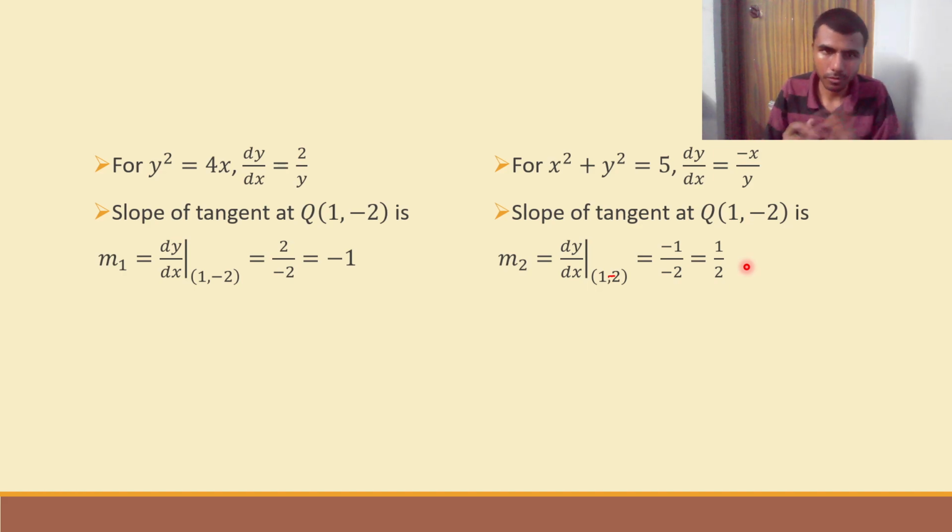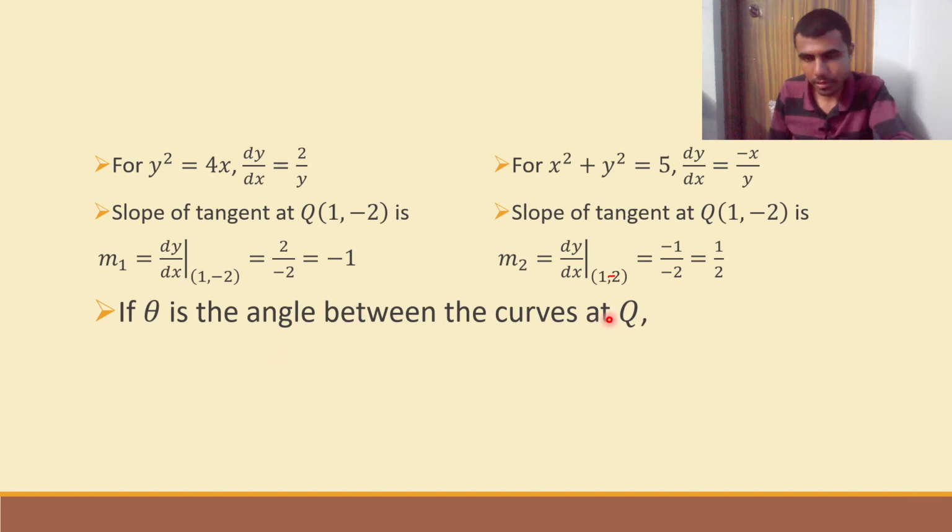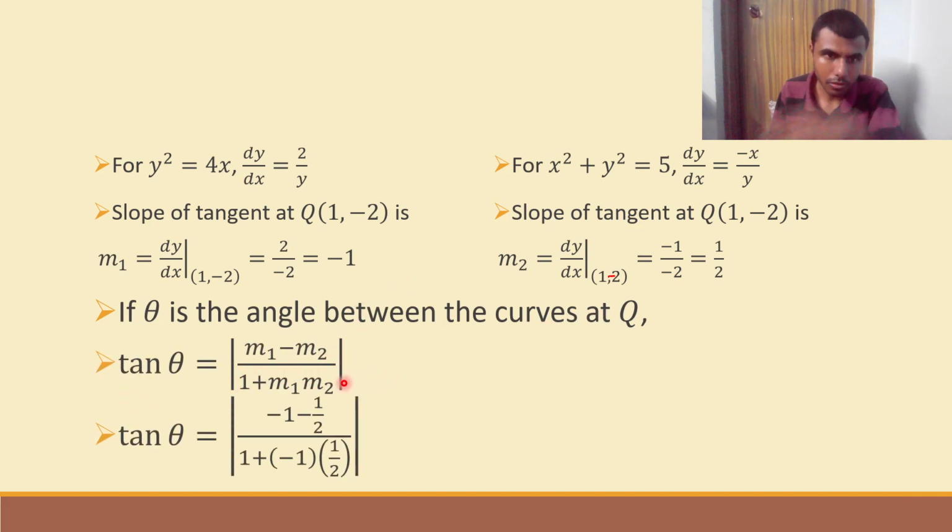Same process. If theta is the angle between the curves at Q, tan theta formula again. Here m1 is -1 and m2 is 1 by 2.